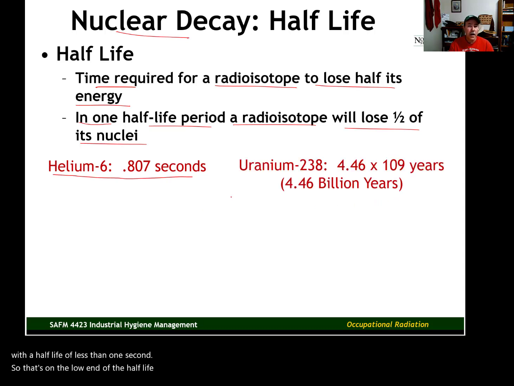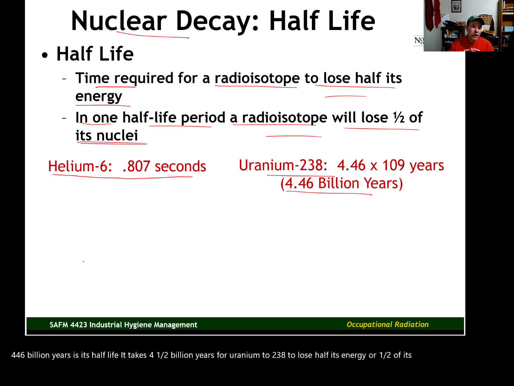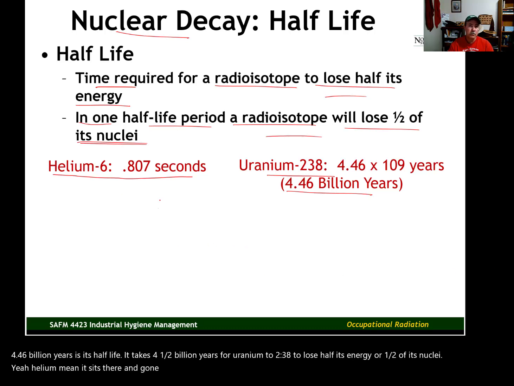Then we go out to uranium-238, an isotope of uranium. 4.46 billion years is its half-life. It takes 4.5 billion years for uranium-238 to lose half its energy, or one half of its nuclei. Again, helium-6, it's there and gone. It's so fast.